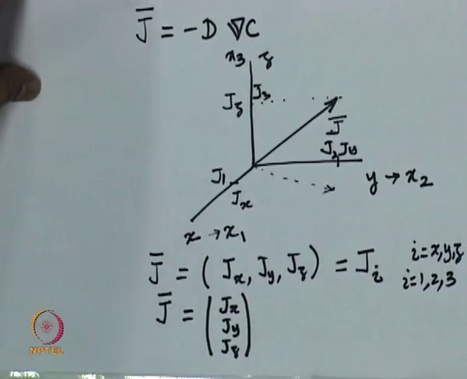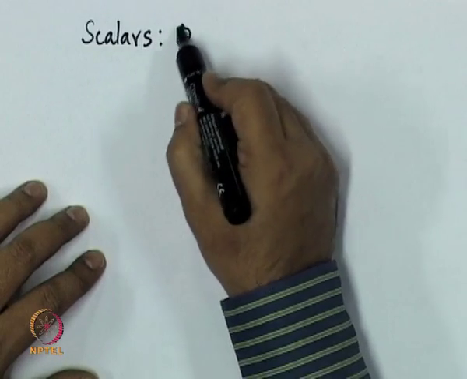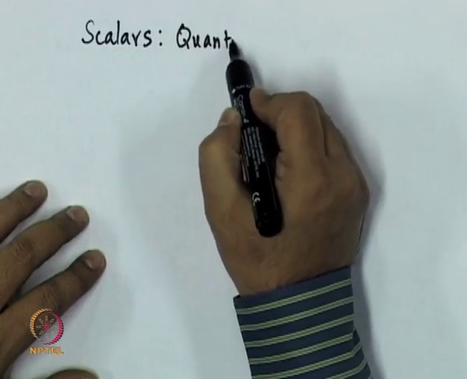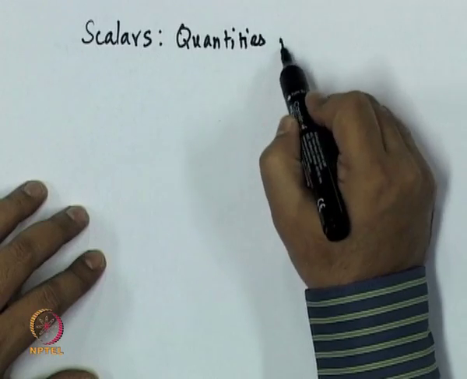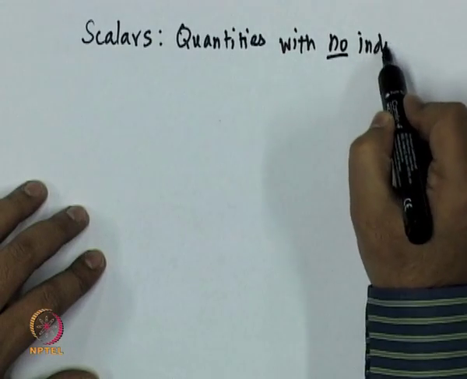So, now I am going to define a vector as a quantity which is represented with one index when you choose a particular frame of reference, right. So, I am going to say that scalars are quantities with no indices.